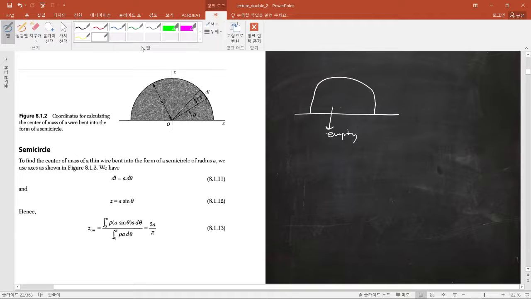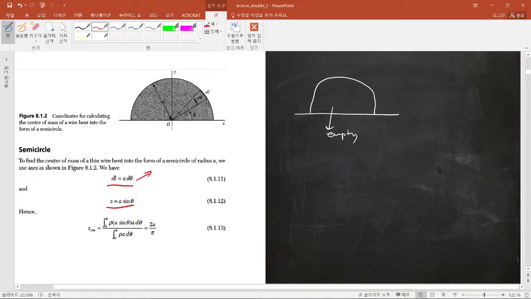And then here, since you have to decide which integration to do, but this is anyhow just a circle in a plane, so there's only one way of doing the integration, and that is the theta integration. So dl here is a d theta, which is very well known, and z here is a sine theta. So here again you just integrate along this direction.